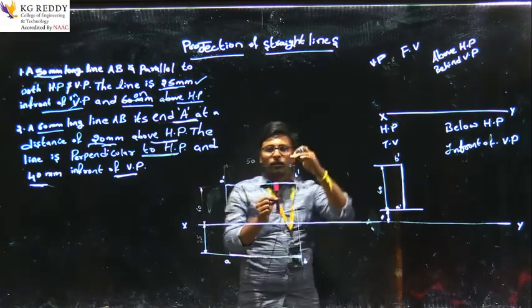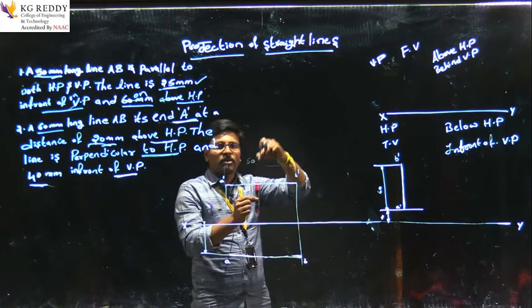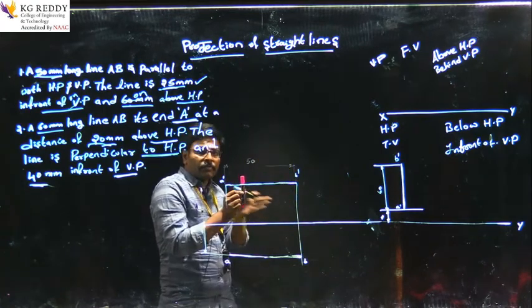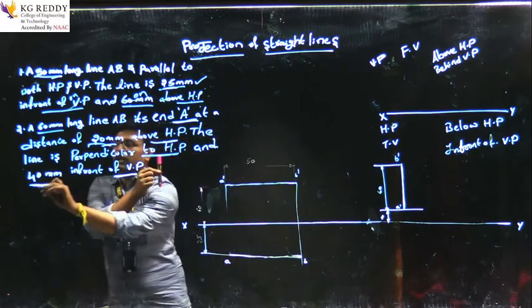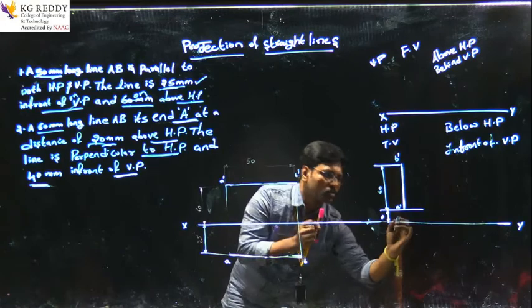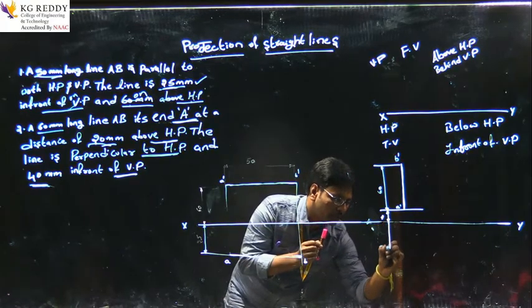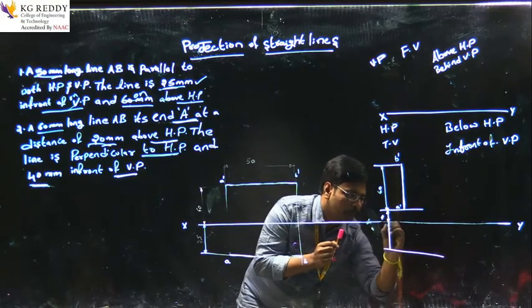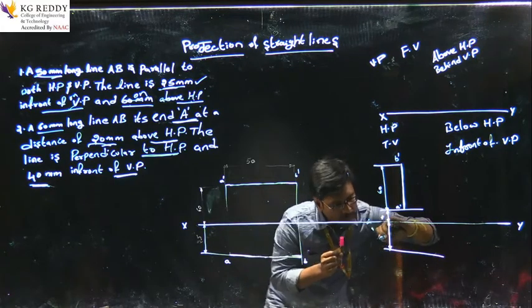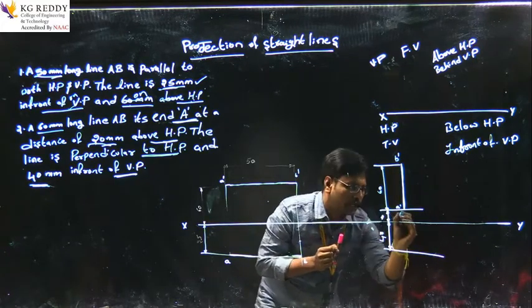What about the top view? In the top view, the distance from the vertical line is 40, so we draw the top view here. This is 40 mm, and this is 40 mm.